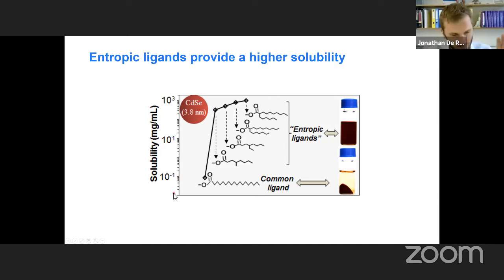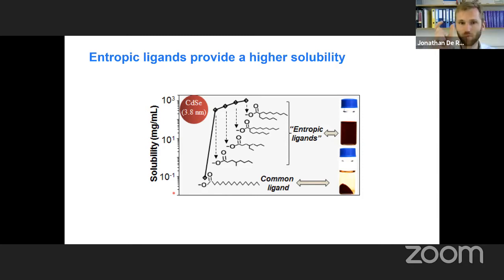Now, I have a lot of respect for Jia Peng, and I find this an amazing paper. I disagree with one thing, and it's to call stearic acid a common ligand. For me, the most common ligand would be oleic acid. But of course, oleic acid does not provide such a stark contrast with these entropic ligands, because oleic acid is an entropic ligand.